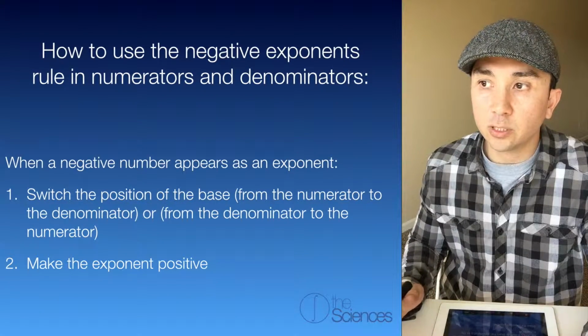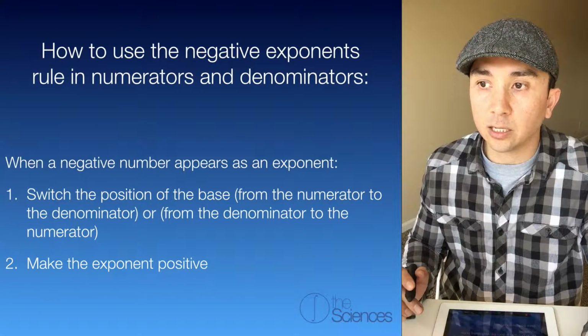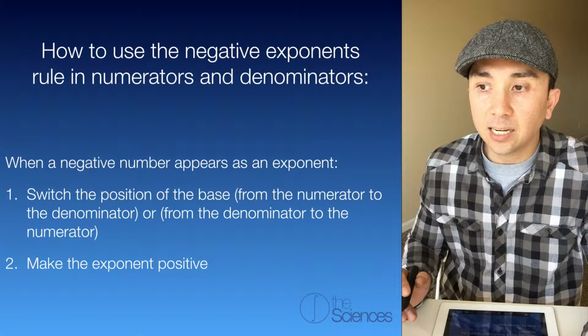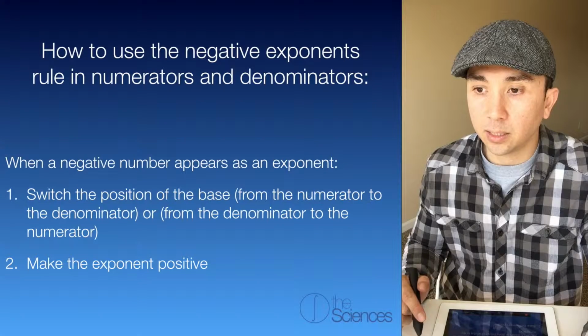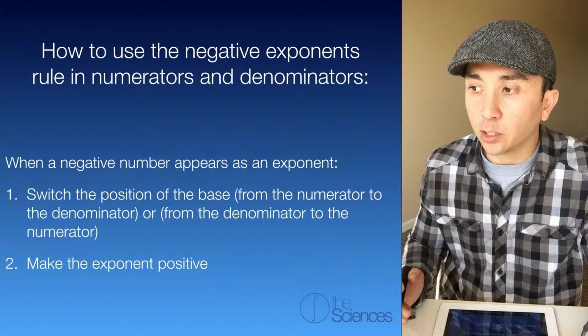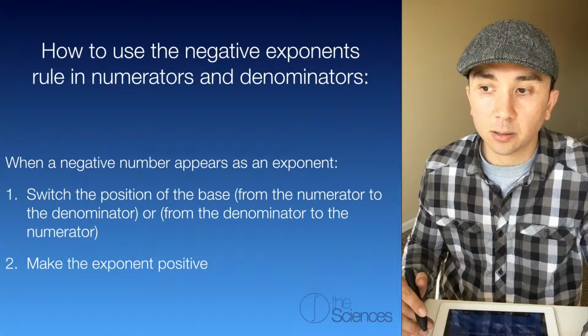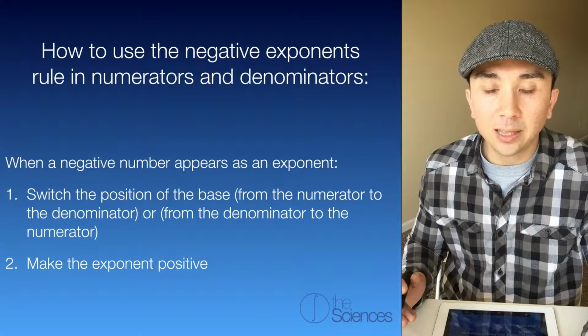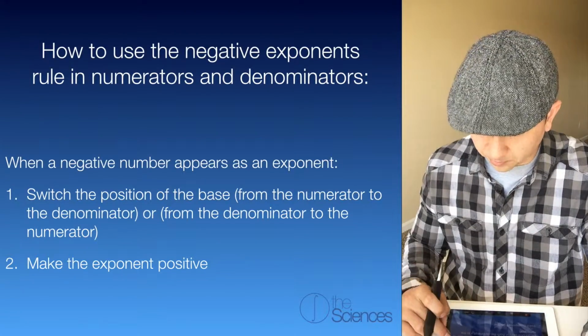So here's how to use the negative exponents rule in numerators and denominators. When a negative number appears as an exponent, what you're going to do is switch the position of the base from the numerator to the denominator, or from the denominator to the numerator, and then make the exponent positive.